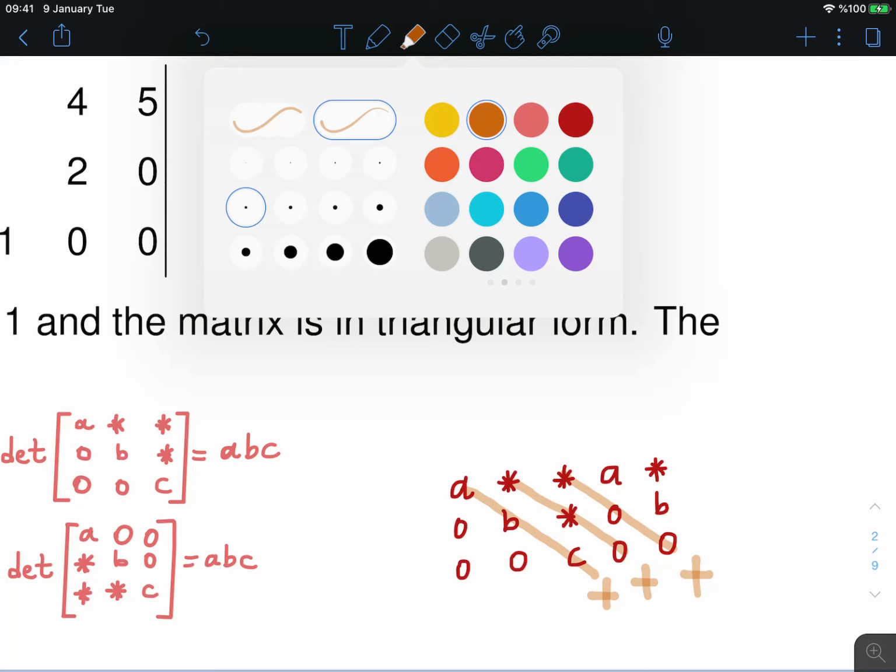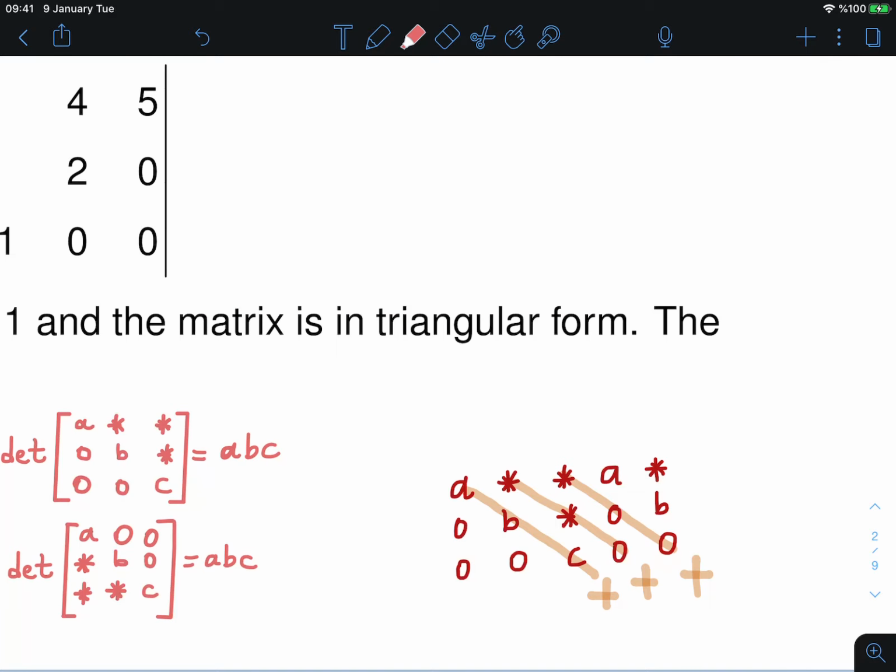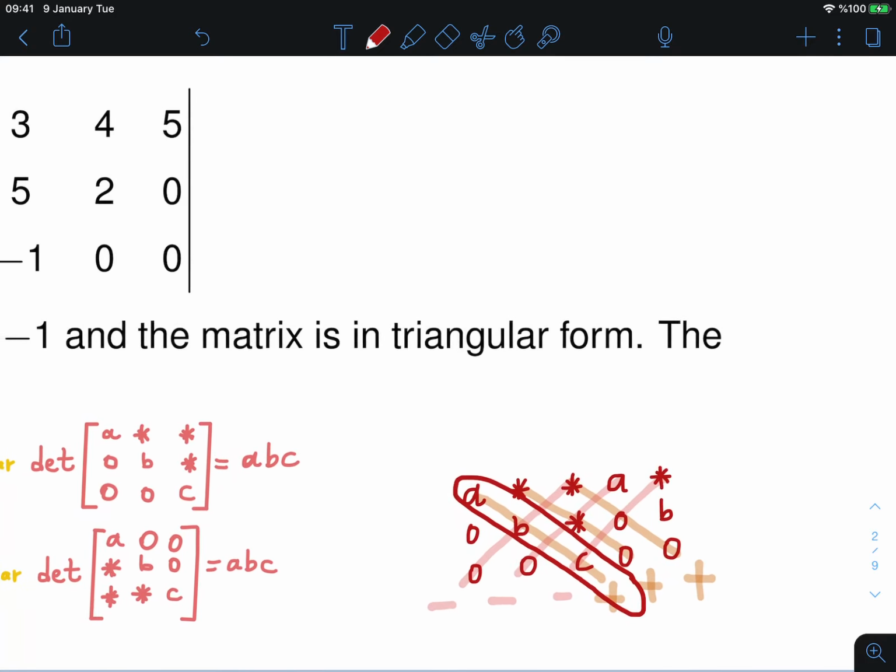Okay, and let's look at the other direction. We multiply these terms and they come with a minus sign, and a minus sign. So if you look at it, the only term which is non-zero here is this one, right? Because the others all contain a zero, so they will give zero contribution.